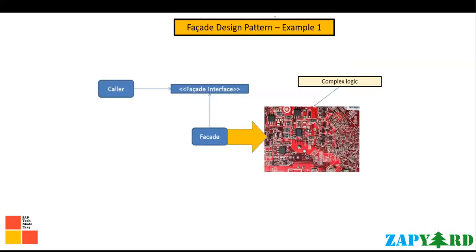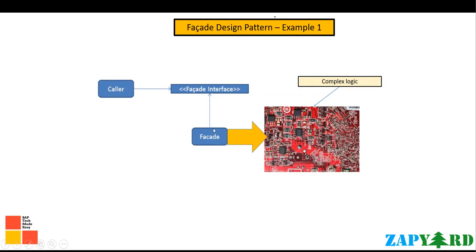For example, we have seen the BAPI. All BAPIs come under the facade design pattern. In the object-oriented way, if we have to implement the facade design pattern, we generally create one class where we implement all the logic. And if we have to implement another class, we use it inside this facade class.